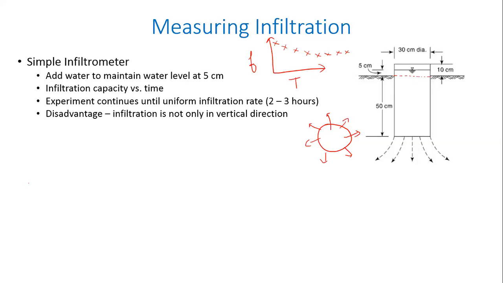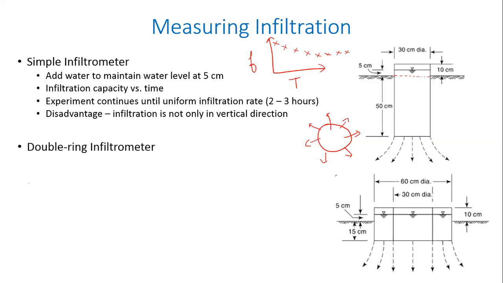Okay, so that is what is called the simple infiltrometer, right? A simple ring driven into the soil, and you do this kind of a simple constant head permeability test, right? Okay. Now to overcome this disadvantage, what is sometimes done is we use a slightly more sophisticated technique, which is called a double ring infiltrometer. Okay, I'll just show you what it looks like.